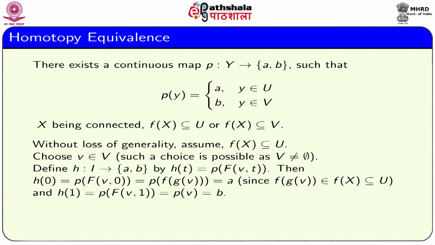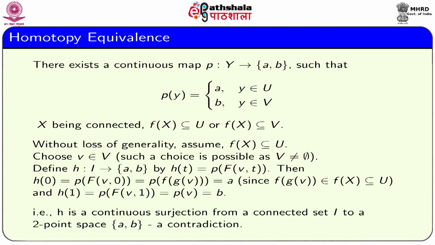Define a function h from I to {a, b} by h(t) is equal to p(F(v,t)). Then h(0) is a and h(1) is b.